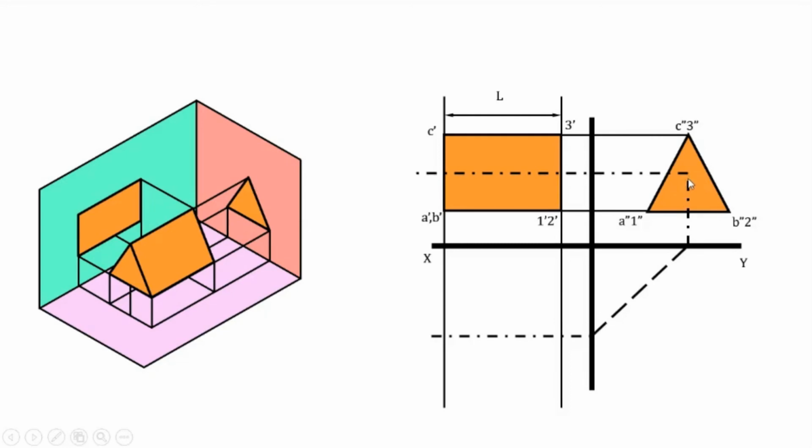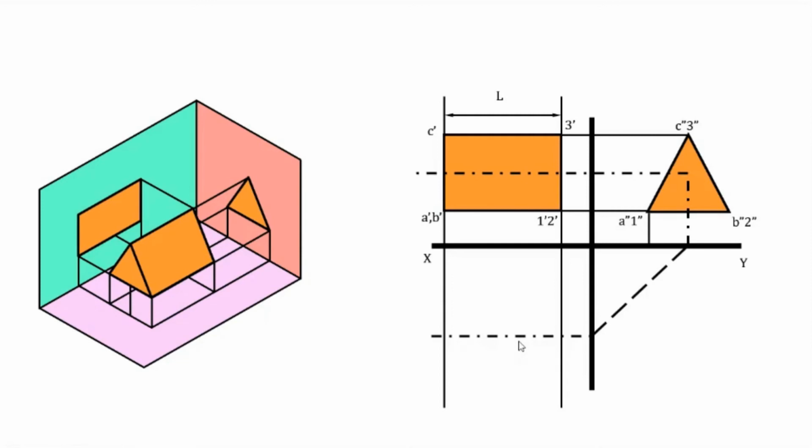From the centroid, you drop a vertical line, and from its point of intersection with the XY line, you draw a line making an angle of 45 degree with the XY line. At the point of intersection of that line with the X1Y1 line, you draw a horizontal line. This will be the axis in the top view.